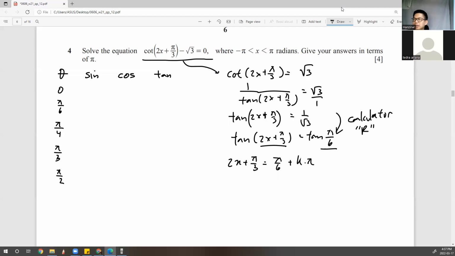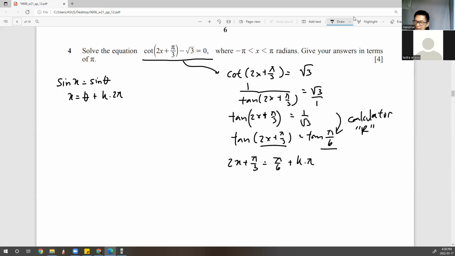I will give you the formula. If sine x equals sine theta, then x will be theta plus k times 2 pi. K is the rotational order, right?